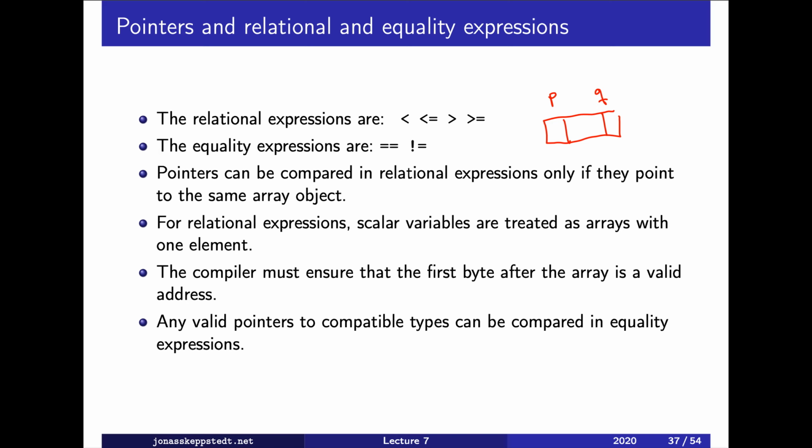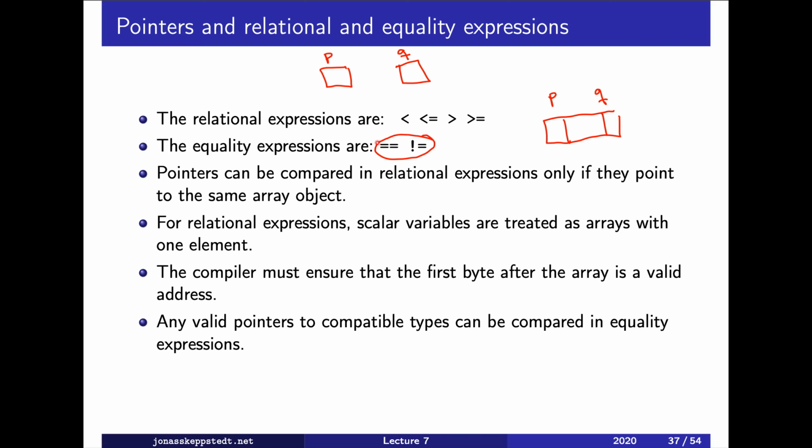But if we have 2 different nodes in a list or a tree or anything, and they were allocated by malloc separately, then we are only allowed to use these. We can compare them for equality or not equal.